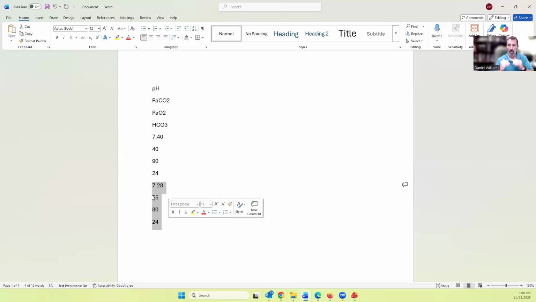So as bicarb goes up, it should take pH up with it. As bicarb goes down, it should take pH down with it. So when I see an acidotic pH, the only thing in this blood gas that screams that it's driving it down is the high CO2, or the elevation in CO2. So I have a respiratory acidosis. And specifically, I have an uncompensated respiratory acidosis.